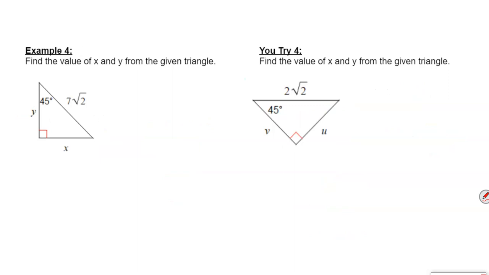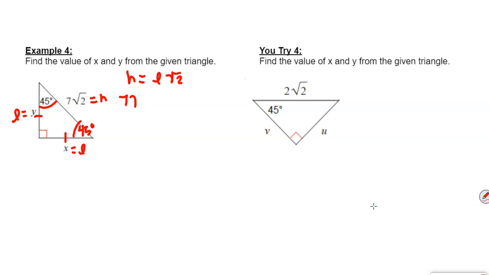Okay, so the next one says find the value of X and Y from the given triangle. So this time we're given H, right? That's our H, and both of these are going to be L's again because it's going to be a 45-45-90 triangle with congruent angles. So the sides are congruent, yes? Okay. So we're going to use our formula H equals L square root of 2.